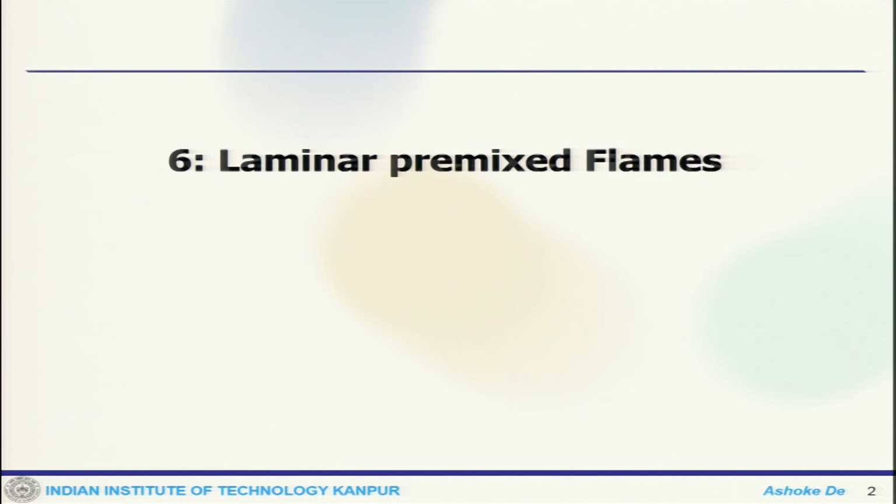This talks about two things. One is premixed, that means my fuel and air are already mixed. So, they are mixed a priori and then sent to the reacting zone, or combustion zone, or combustor.